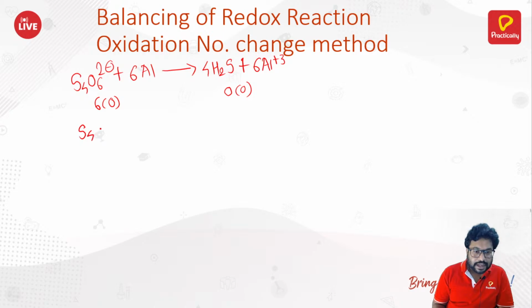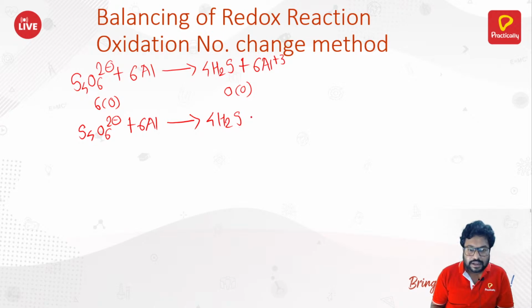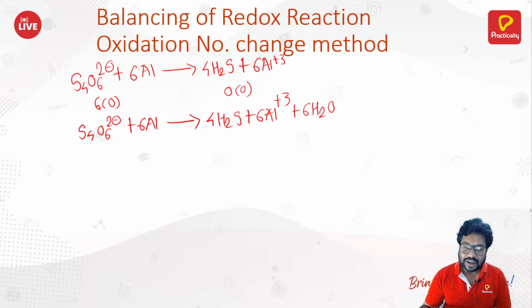So you will have S4O6 2 minus plus 6Al plus 4H2S. Then you have a 6Al plus 3 plus 6H2O. So your oxygen is balanced now, right?